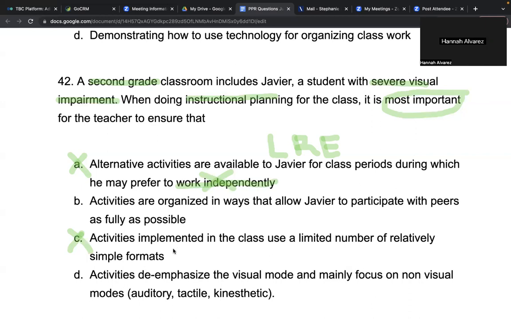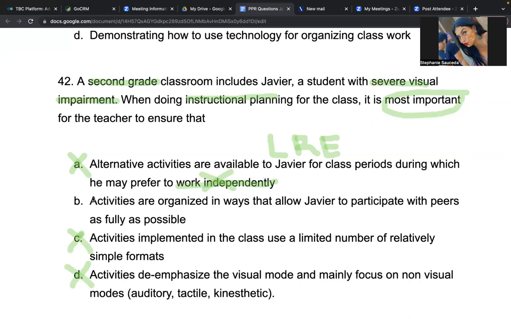I think we could also get rid of D. Absolutely. Why can we bet ourselves that D isn't the best answer? Because they're second graders. There are other students in the classroom who still need visual learning. Absolutely. And there might be English language learners in there. So we're for sure going to find ways to support Javier, but the best way is to make sure that activities are organized in ways that allow him to participate with them.